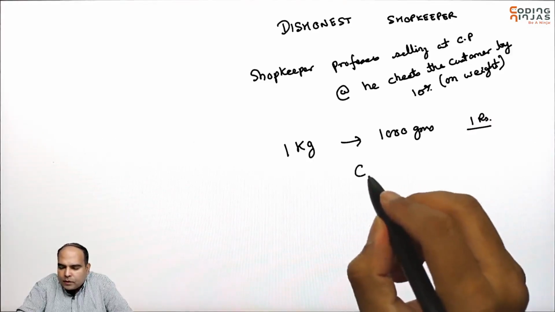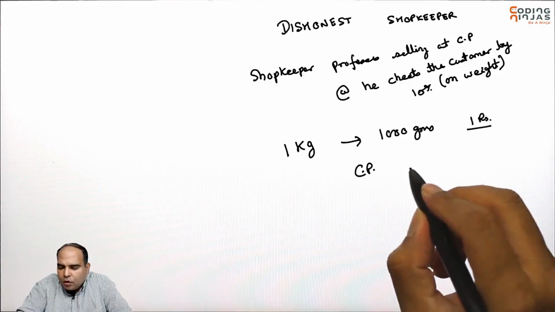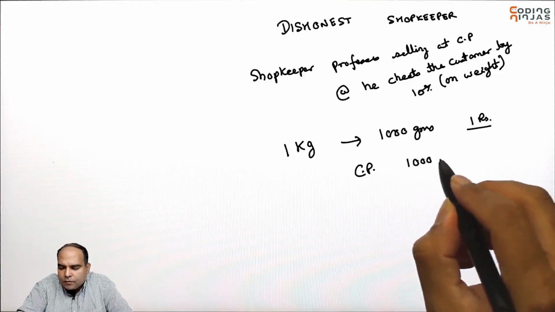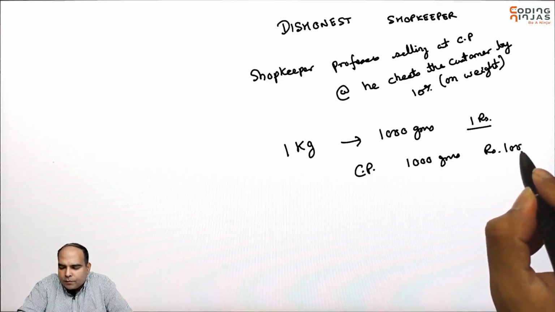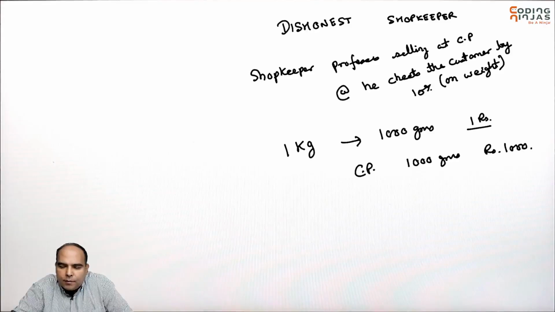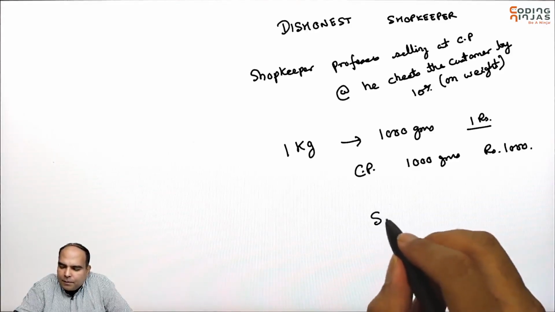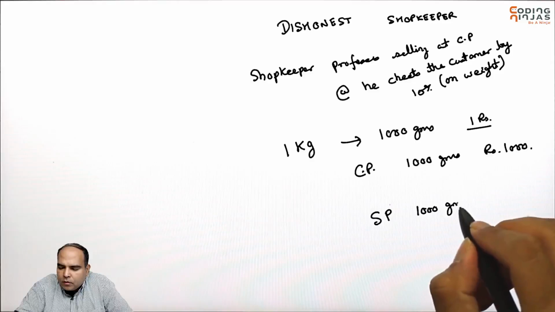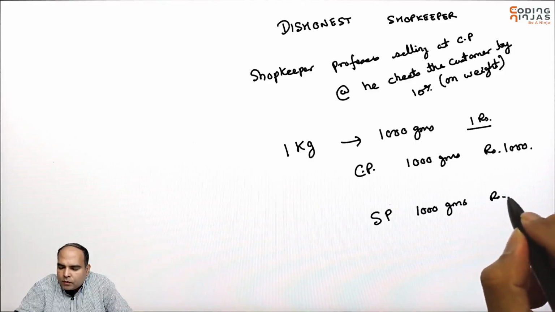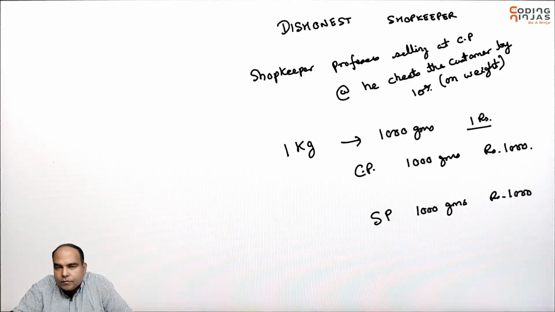So the cost price for him of 1000 grams is rupees 1000. And since he is professing that he is selling at the cost price, his selling price for 1000 grams is also rupees 1000.